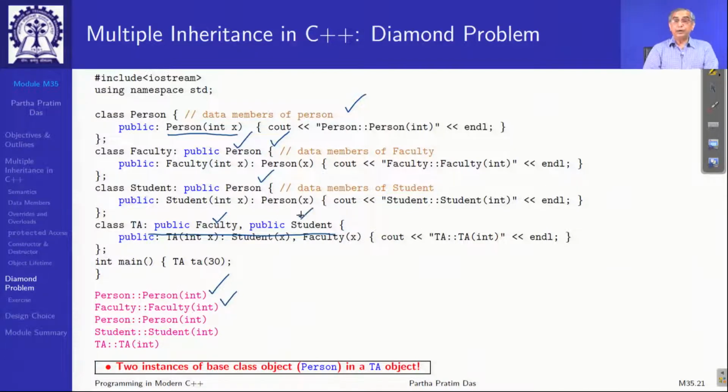Then the student has to get constructed, but the student also has a base class person. So person is again constructed, student is constructed, T A is constructed. So you get into a difficult situation where the same T A object has 2 instances of the person object, which certainly is not going to be manageable. This is a semantic contradiction that the diamond problem throws up.